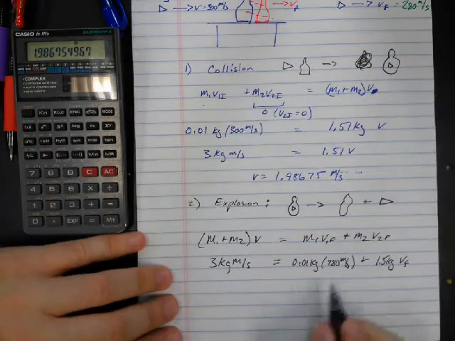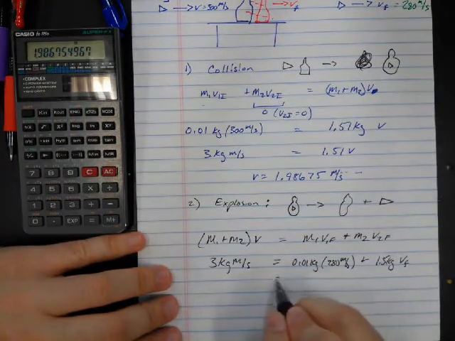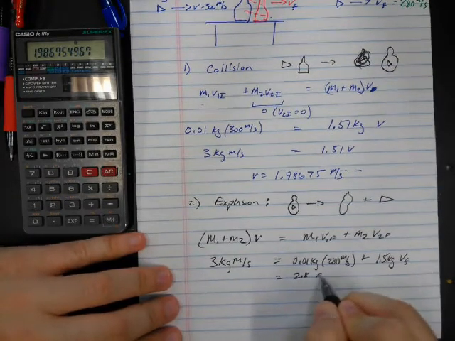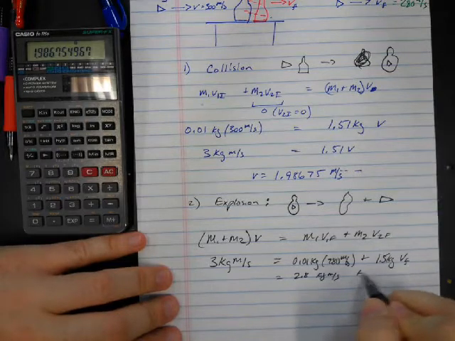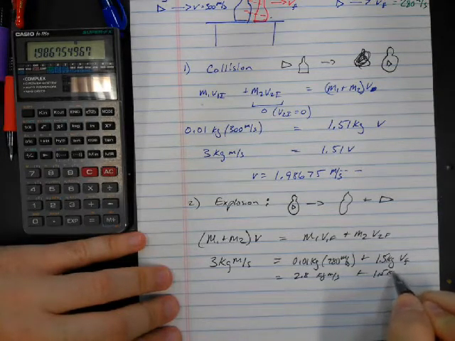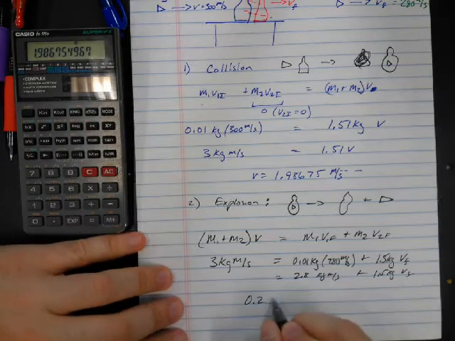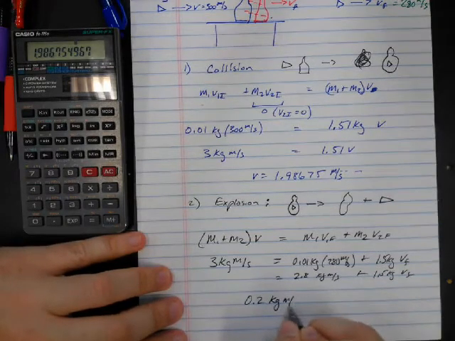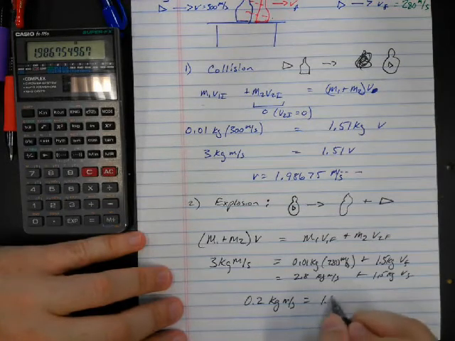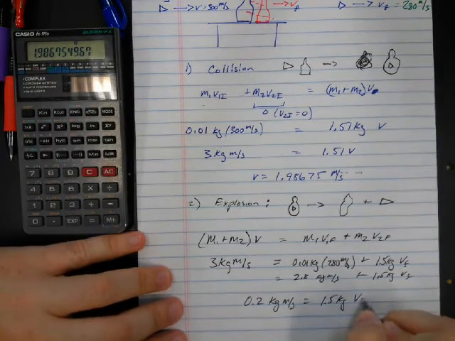This thing is 2.8 kilogram meters per second plus 1.5 kilograms times V final. So what we have is 0.2 kilogram meters per second is 1.5 kilograms times V final.